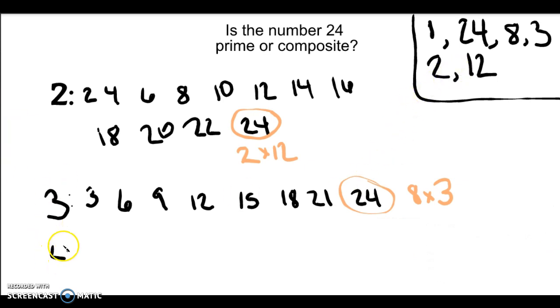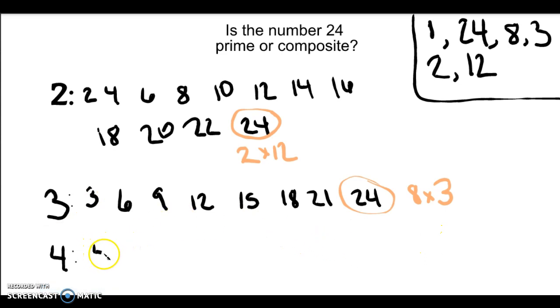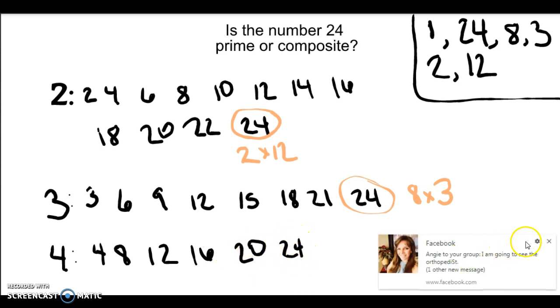All right, let's do the number 4. Now, no special reason I'm picking 4. It's just the next number on the list. All right, 4, 8, 12, 16, 20, and 24. There it is.